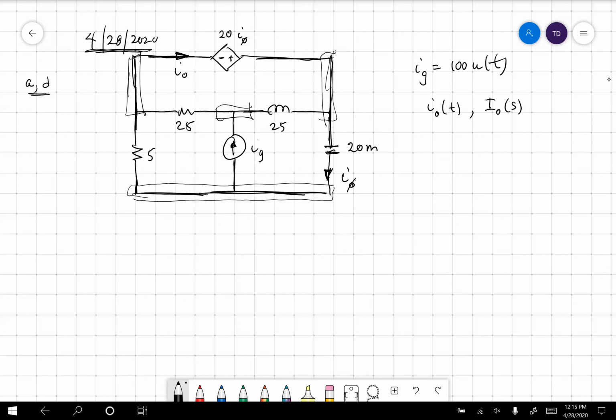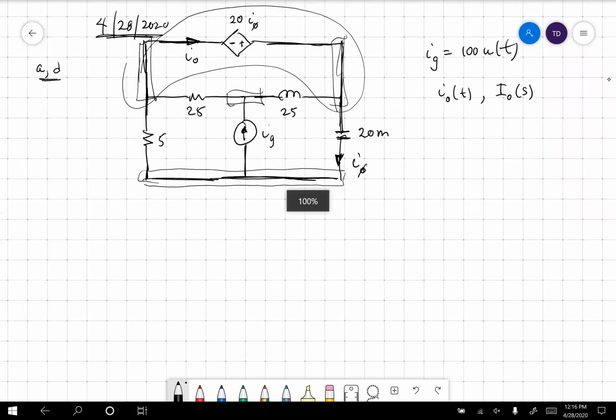So there are four. Here's a supernode from here to here. That's all a supernode. So one reference, that's going to give me two equations. I'm solving for I0. I0 would be challenging to solve if we did nodal analysis, so I'm going to choose mesh analysis.